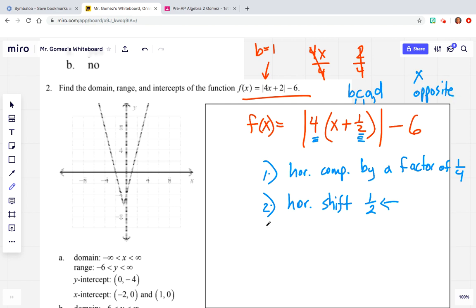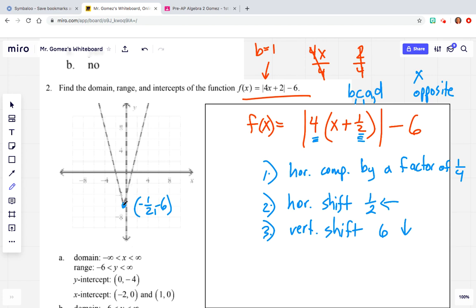Last but not least, this 6 would be a vertical shift 6 units down. Notice my original vertex of (0, 0) not only moved 1/2 to the left, but also moved down. So this would be a vertex point of (-1/2, -6).